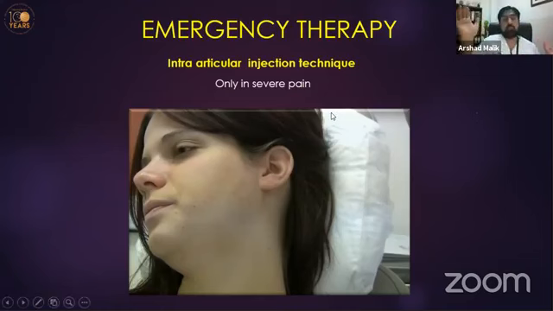So that is the important thing that every person should understand, how to manage the emergency severe pain, and that is a very important task that everybody should know. So this is the emergency therapy which, ladies and gentlemen, you have to manage by the systemic way.